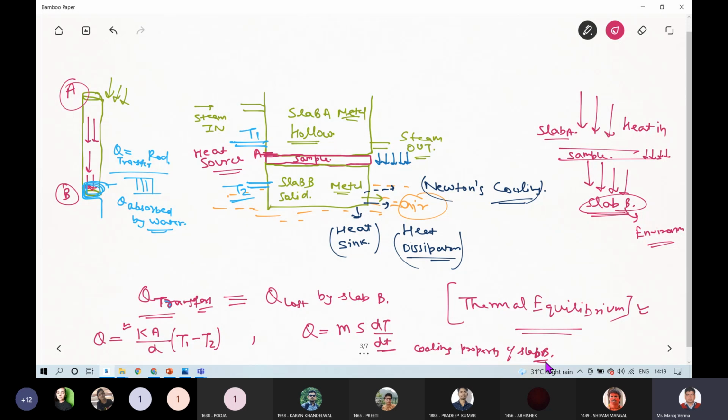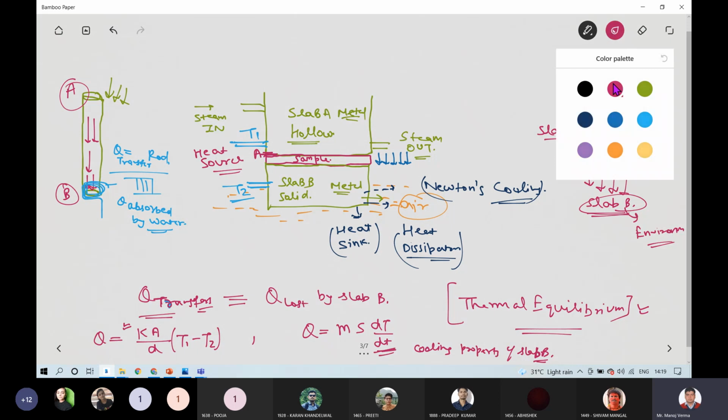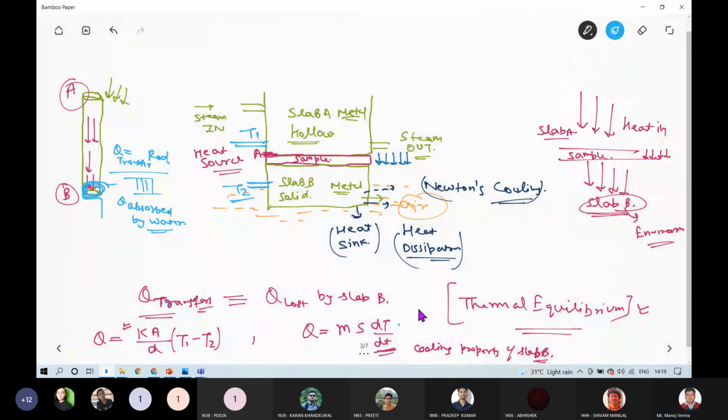If I talk about this dT by dt, it is nothing but how fast slab B can release heat energy into the surroundings.